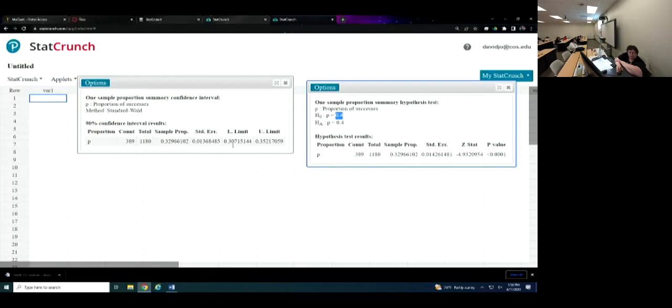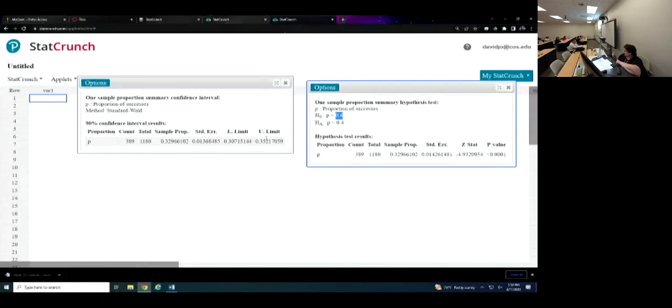Is 0.4 in the number range 0.307 to 0.352? Maybe it's easier if you multiply by 100. Is 40 between 30.7 and 35.2? No. The P of 40% is not in the confidence interval. That's why we reject it.